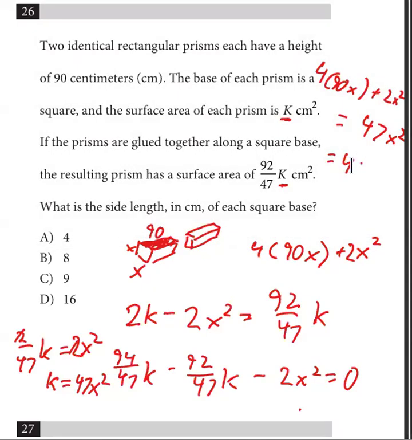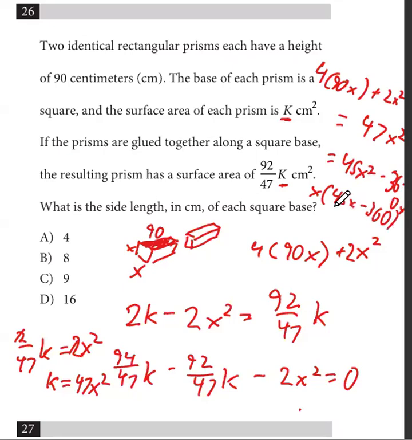So 45x squared minus 360x, and then we can factor x out of the equation. So we have x, and then we have 45x minus 360. That means one of the solutions for x is 0, but that wouldn't make sense. So we have to find the other solution of x.